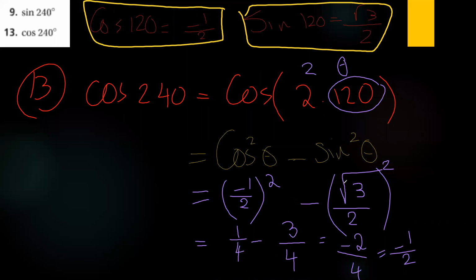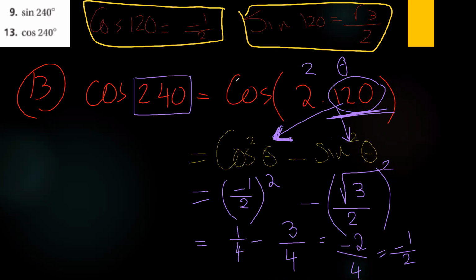Do you have any question? Teacher, like here you make cosine squared of 120, like the theta will be 120. Yes, you have to think, what is the angle that I multiply by 2 to get 240? It was 120. So I will use the cosine and sine of 120 in order to find cosine of 240. Teacher, what about the 2?